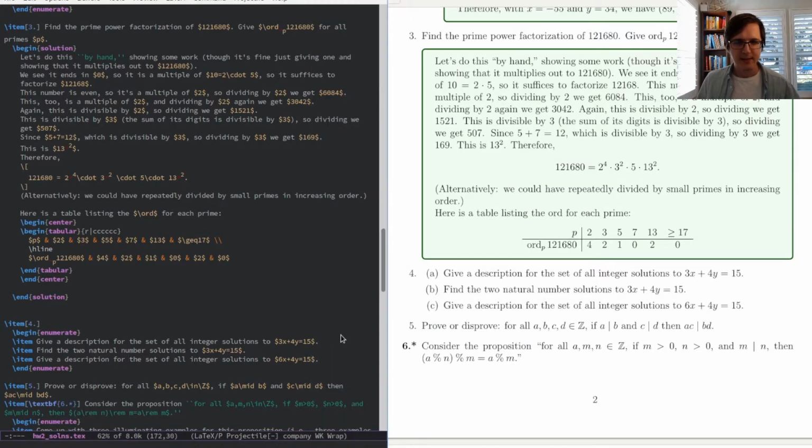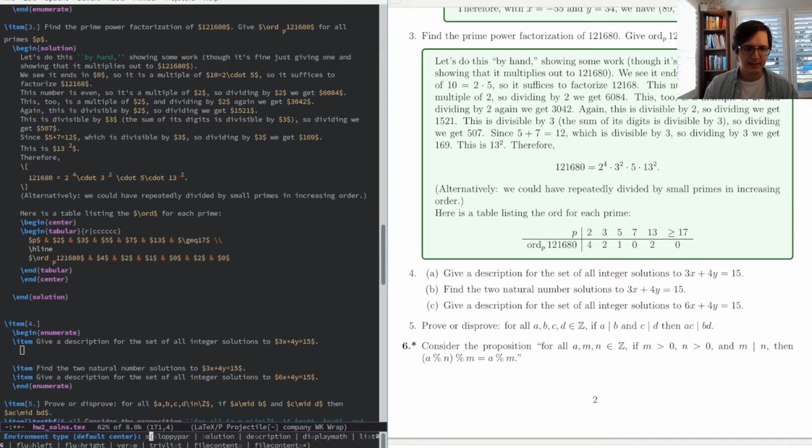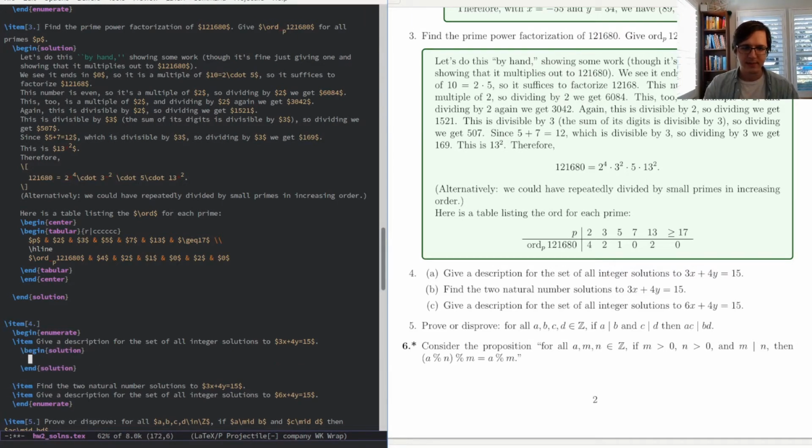Now 4, let's solve an equation. Give a description for the set of all integer solutions to 3x plus 4y equals 15. So first, let's check that there is a solution at all.